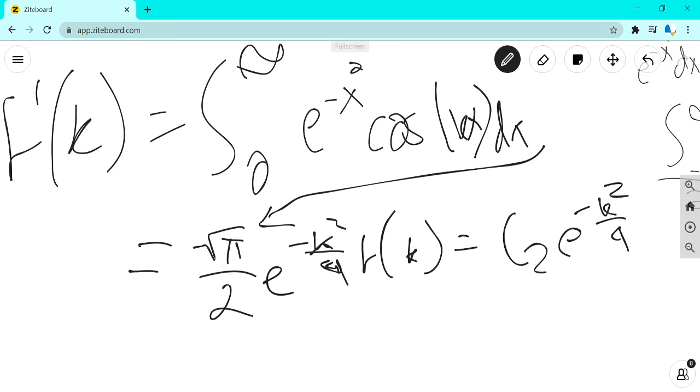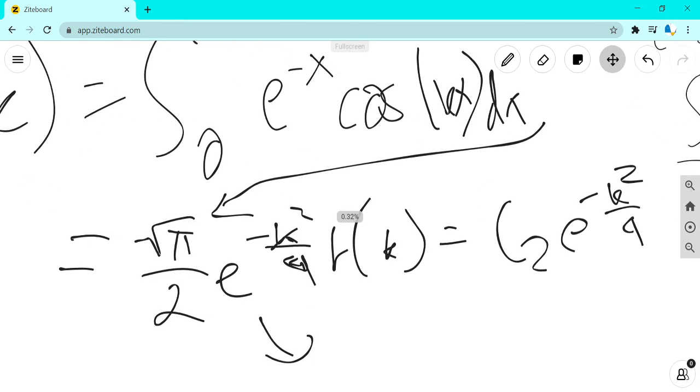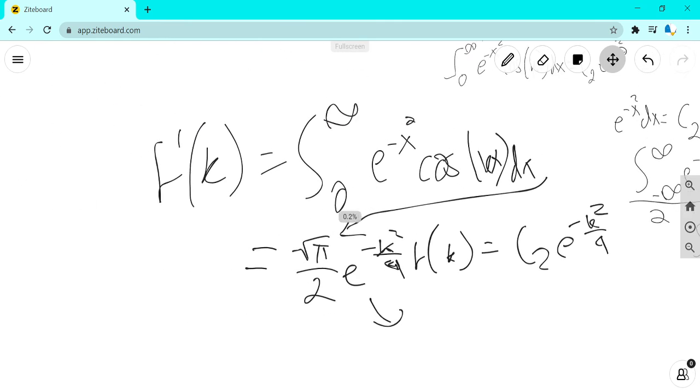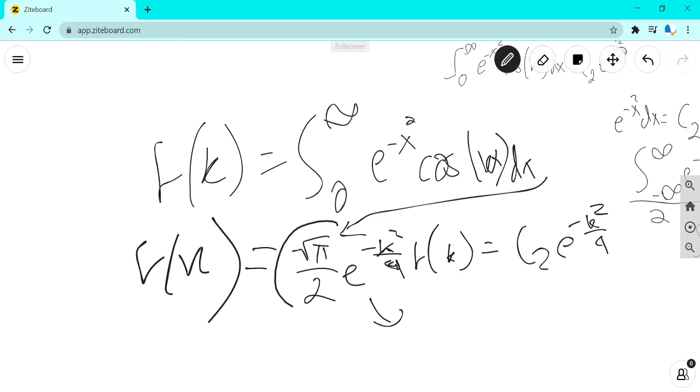Sorry, I put f derivative here, but this is just equal to f of k. So this is basically what we got.